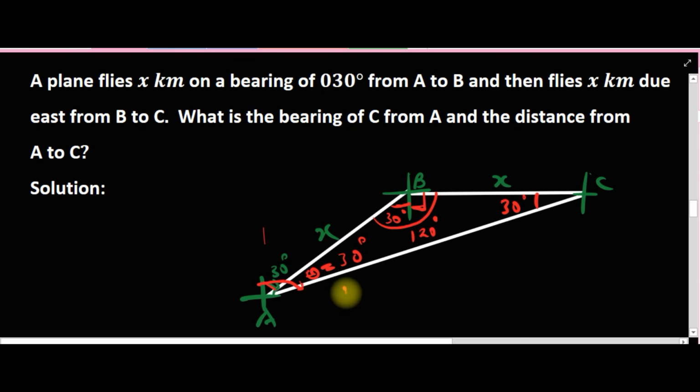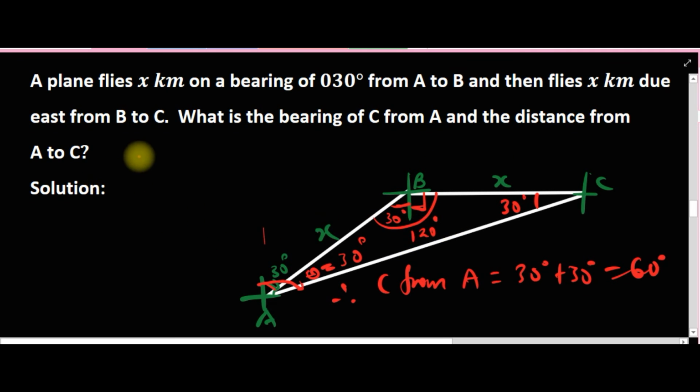So the bearing of C from A is 30 plus 30, which is 60. They now ask us the distance from A to C. You don't need to waste time here.